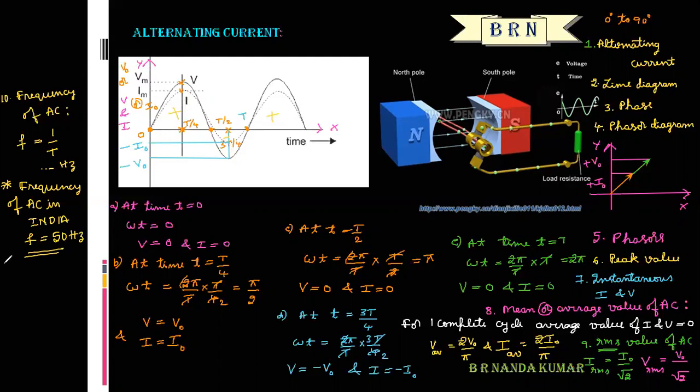The next term is power factor. The quantity cos phi is called the power factor.